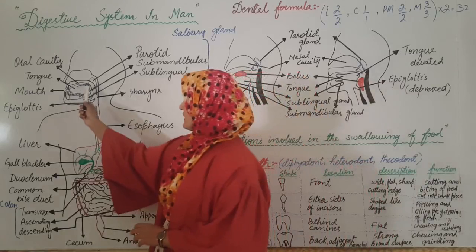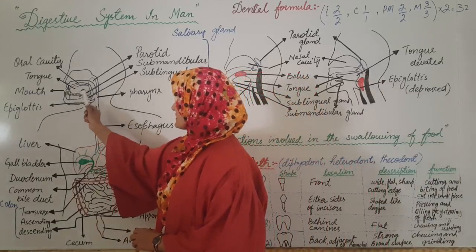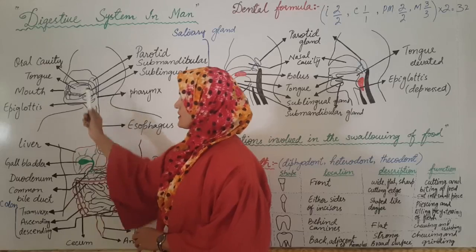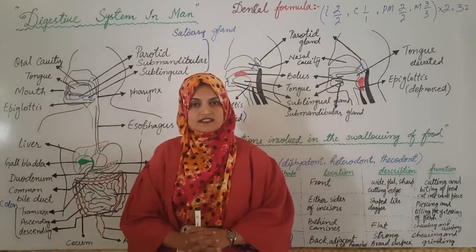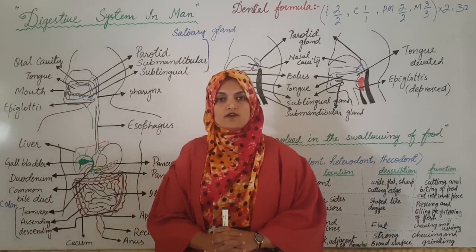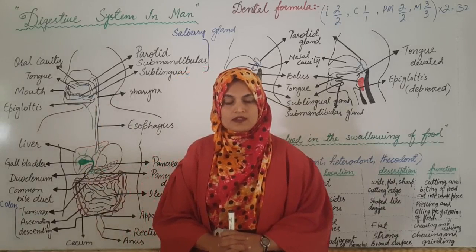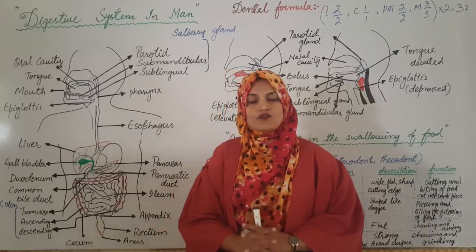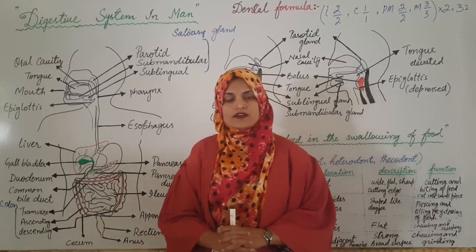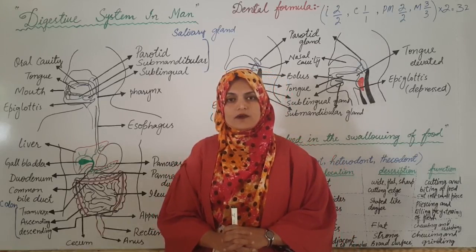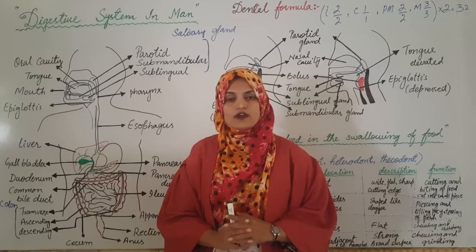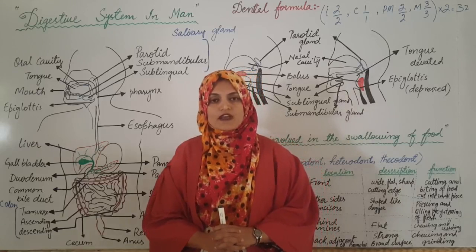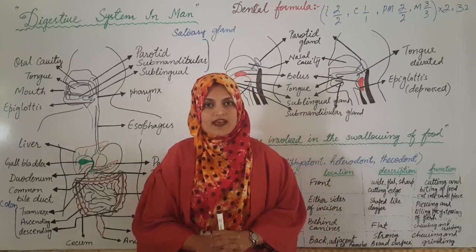Inside the mouth there is a cavity surrounded by the bones of the skull as well as the walls of the cheeks. The roof of the oral cavity consists of the palate, while the floor is furnished with a fleshy structure termed the tongue.